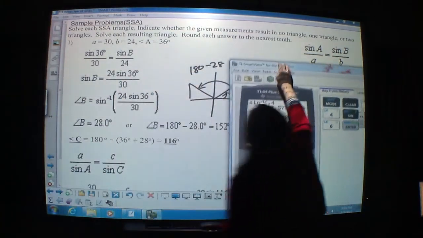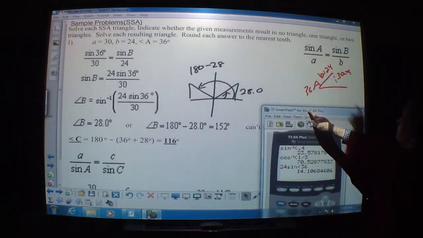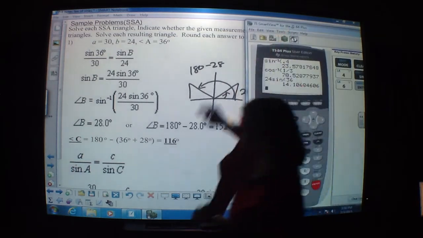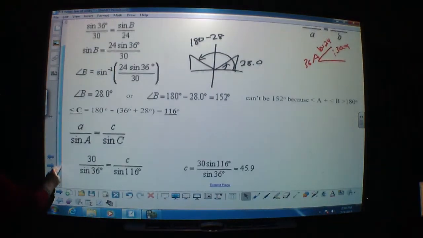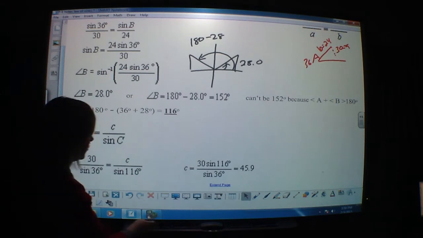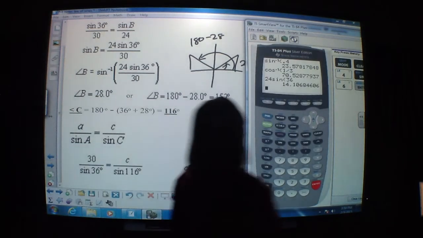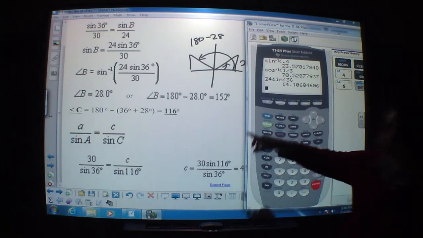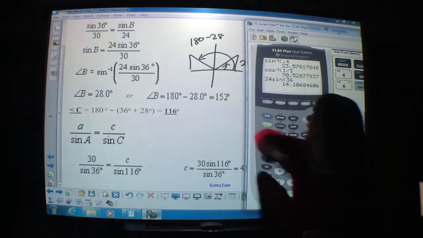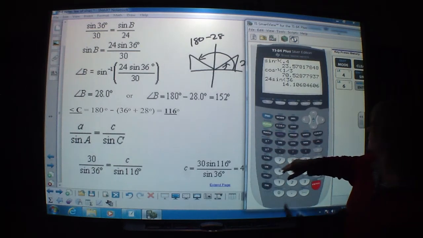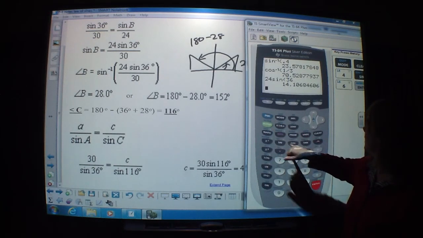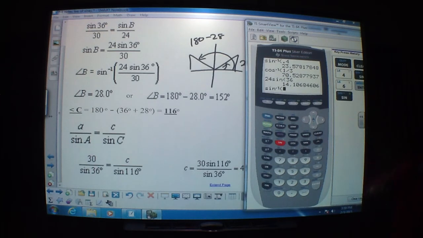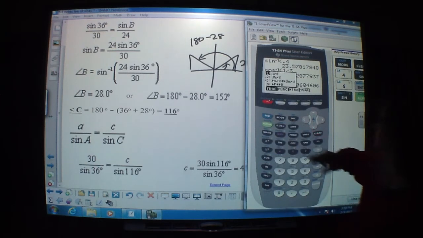Okay. So I have this right here, and I'm going to put stuff in my calculator. Let me go back to this right here so you can see where all the numbers are coming from. When I found this right here, angle B, I did inverse sine. So I did second first to do inverse sine. And since I have a fraction there, I'm going to pick up my fraction key.